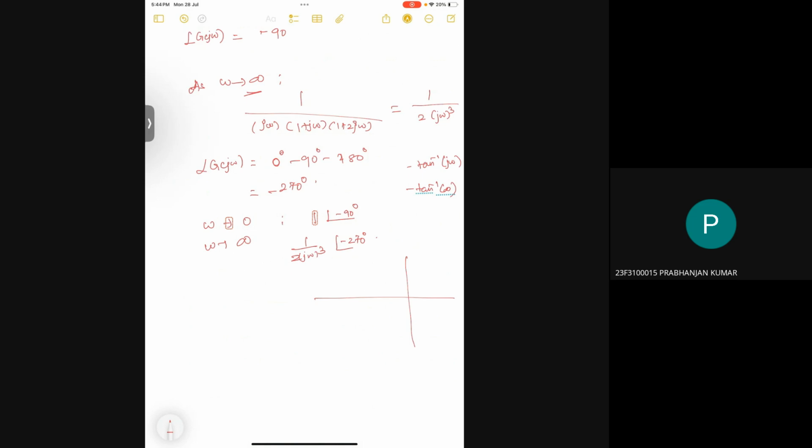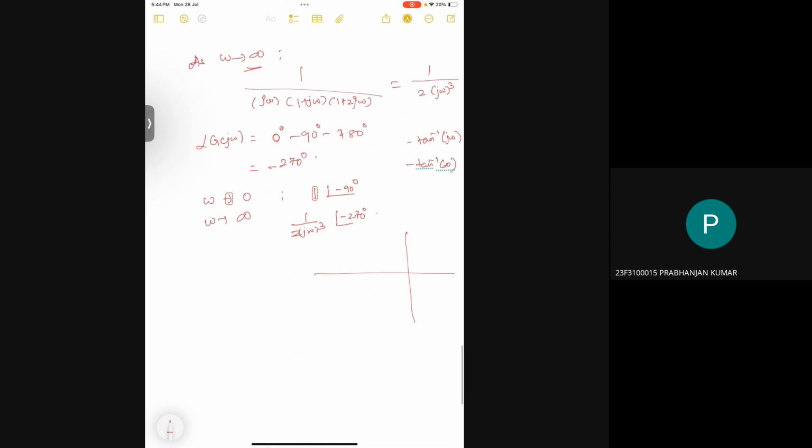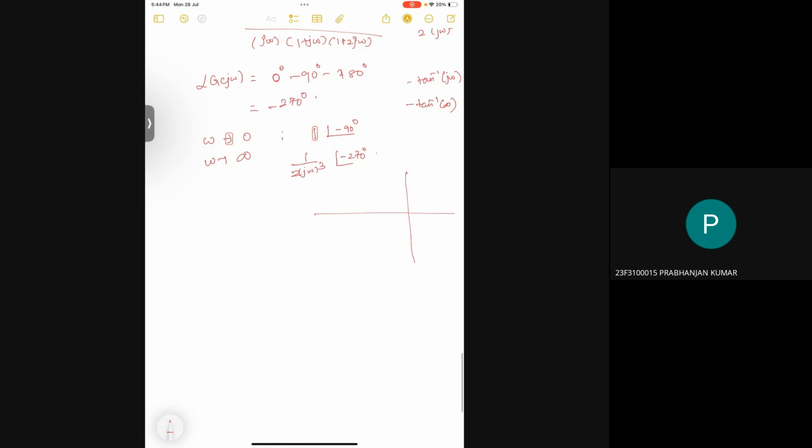Right. Now we will look for some intermediate values to plot the Nyquist plot accurately. I'm taking some known values like 1, 10, 0.1.